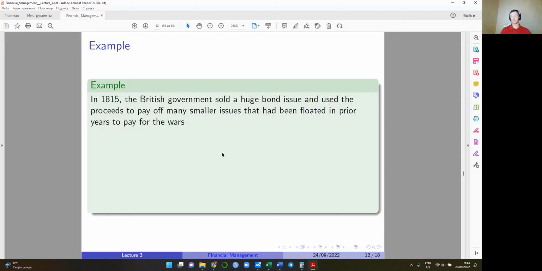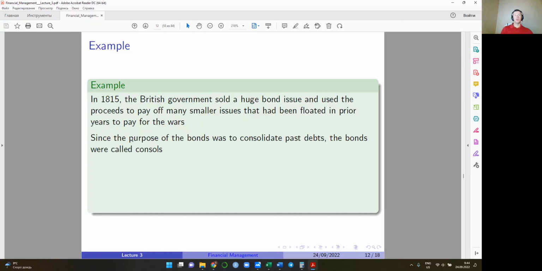So basically, it was consolidating a lot of small issues into one large issue of bonds, a kind of restructuring of your loans. The purpose of these bonds was to consolidate past debts. The bonds were called consols. That's where this name comes from, and these consols exist even now.